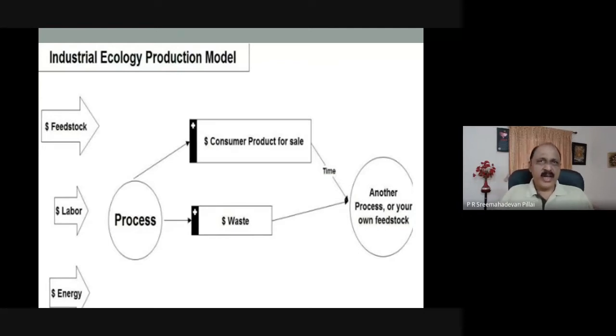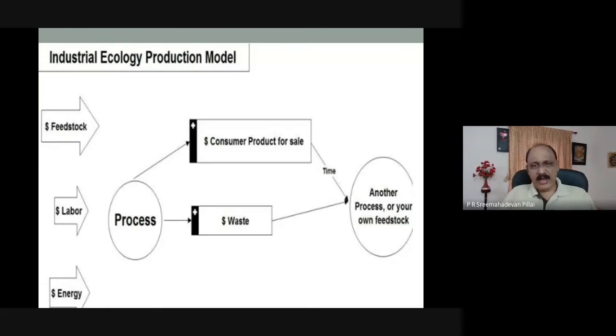That which cannot be directly used after the process is called waste. But as I have defined earlier, waste is a wealth at the wrong place. So many of the wastes may be used elsewhere. I quoted the best example of the fly ash, which is coming from the thermal industries, which can be used as a feedstock material for cement production.